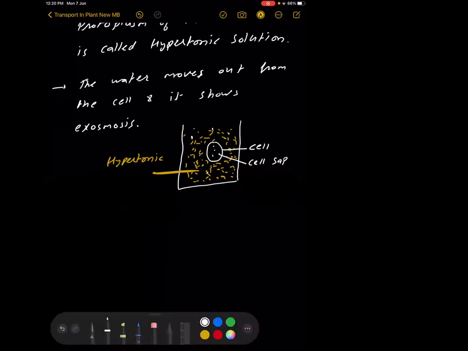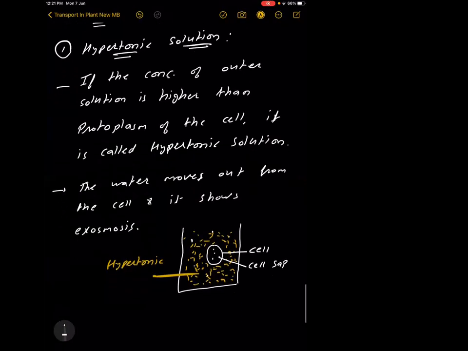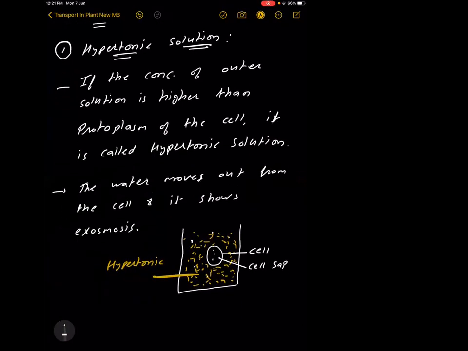Sir, in a hypertonic solution, the water from the cell moves out of the cell, no, sir? Yes, correct. Shall we draw the diagram, sir? If you have understood properly, there is no requirement to draw. Otherwise, you can draw.